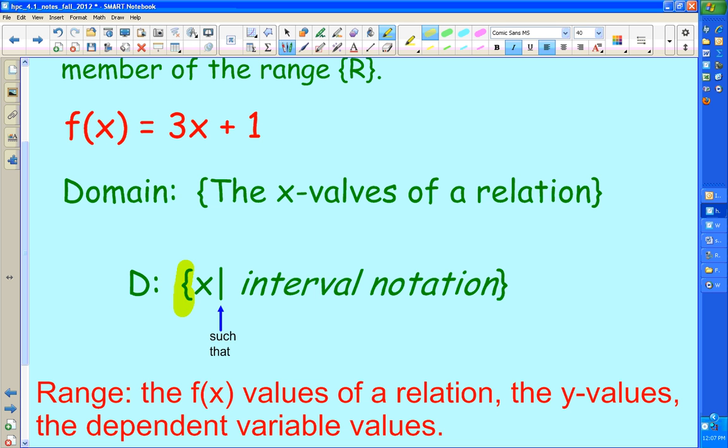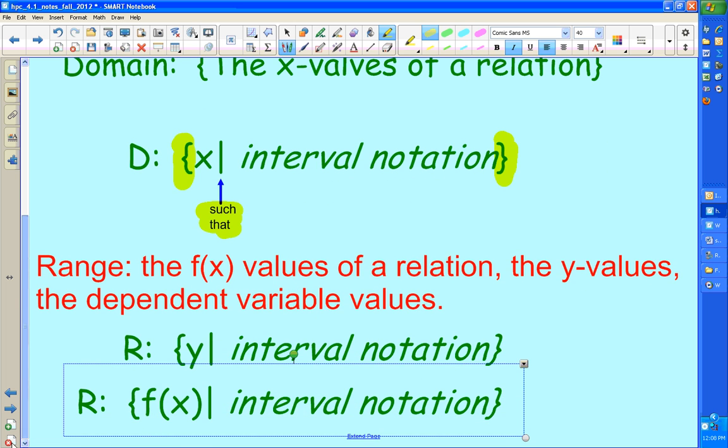So you notice the set with this symbol right here, the little braces, is what they're called. And then x for your domain. And then this vertical line here means such that, and then give me whatever the domain is in interval notation. And then similarly with the range, you're going to do the same kind of deal.